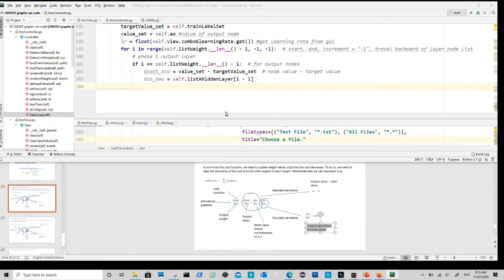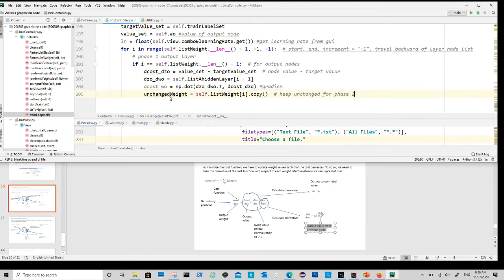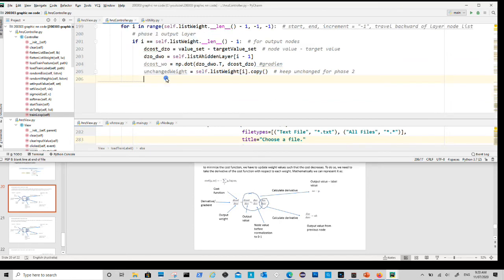By using these two, we apply the multiply function from numpy to these two lists. So we got the deviation for weight. We collect unchanged weights to be used in phase 2. After that we can apply the learning rate with deviation to modify all current weights.